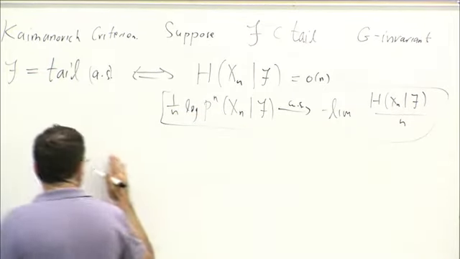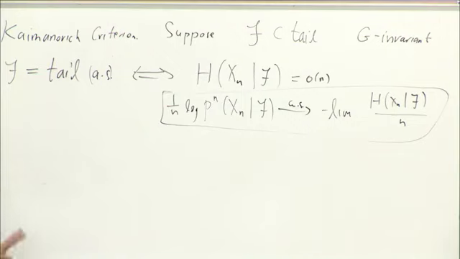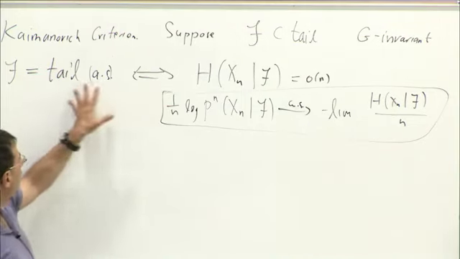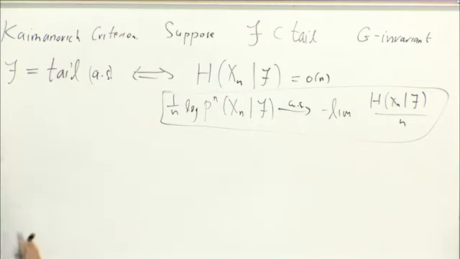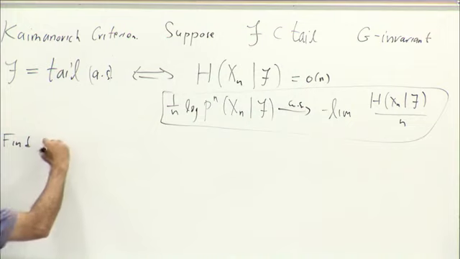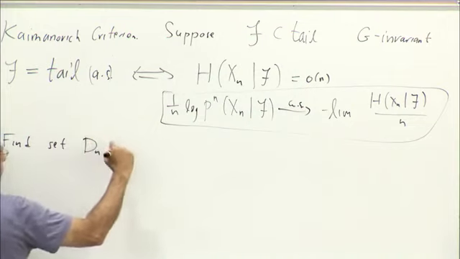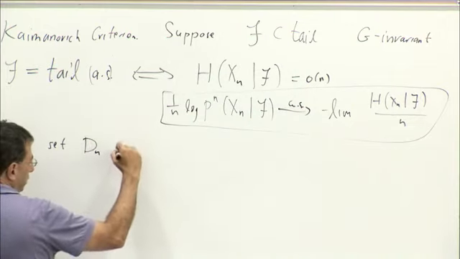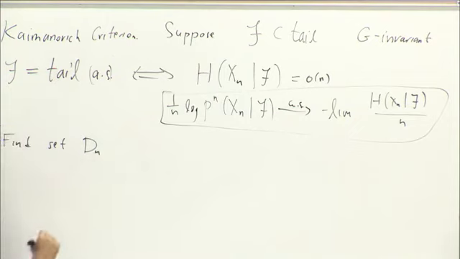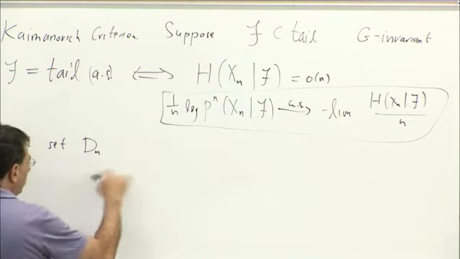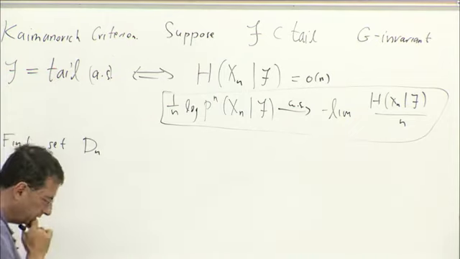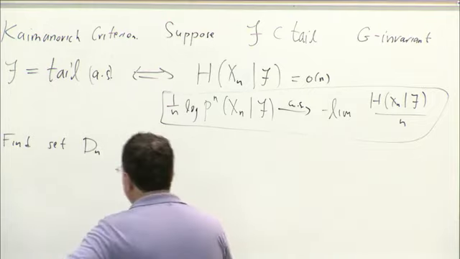So the point is, in order to establish that F equals the tail, how do you apply this criterion? The idea is to find a set D_n, which is a deterministic set, so not a random set. Well, I shouldn't say deterministic.